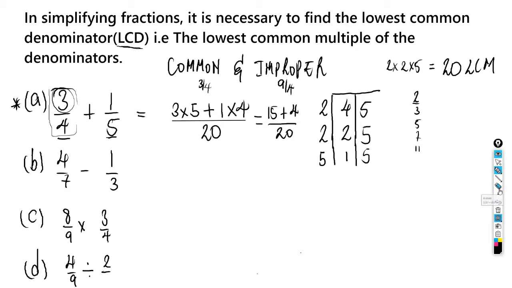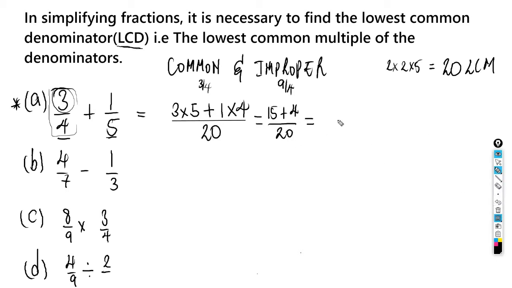Let's just remove this here. All right, and the answer is 19 over 20. So this is the answer. All right, guys. So let's move on to the next one. And for the next one, we have 4 over 7 minus 1 over 3. So we're going to do the same thing. We're going to try to find the LCM again.